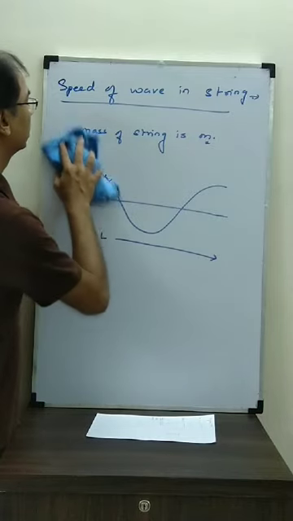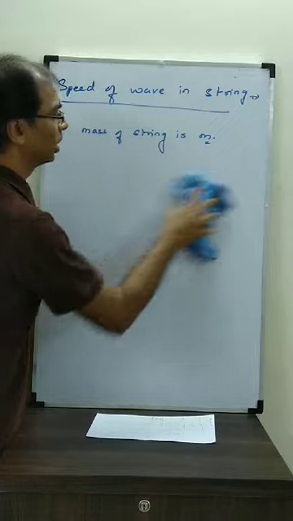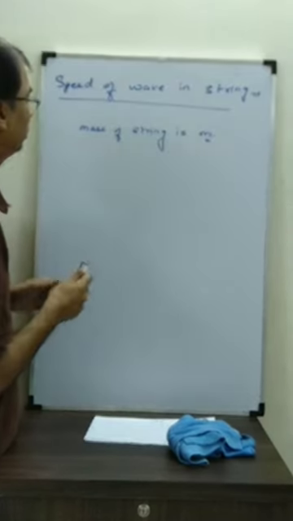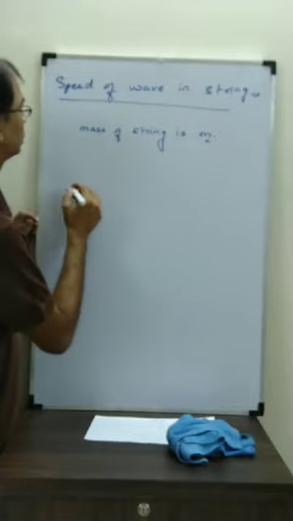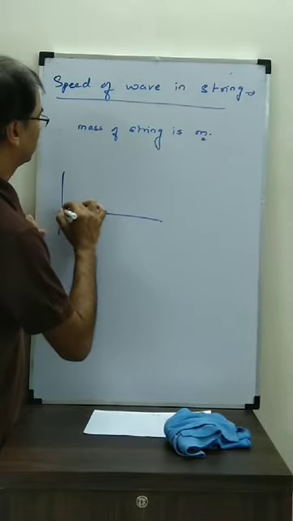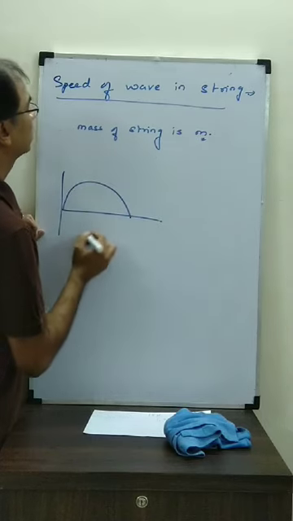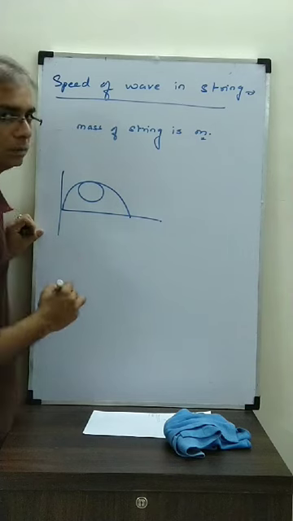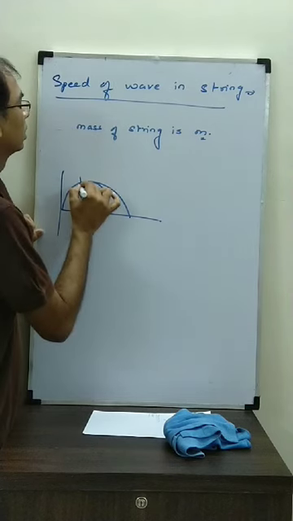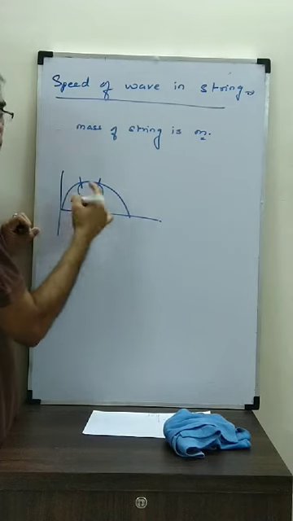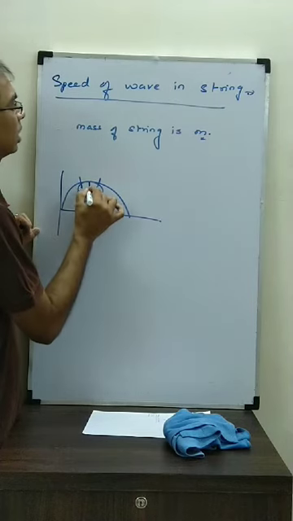The curves of the string, wave in string, are actually made from circles. So suppose we have a part over here, and we say that this is a circle. This part of the string is part of this circle. Its radius is r, let's assume.